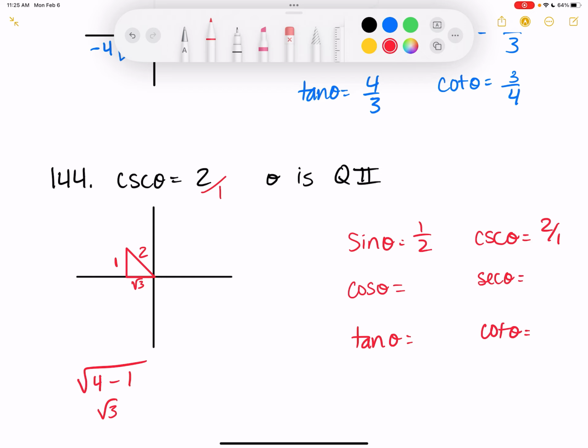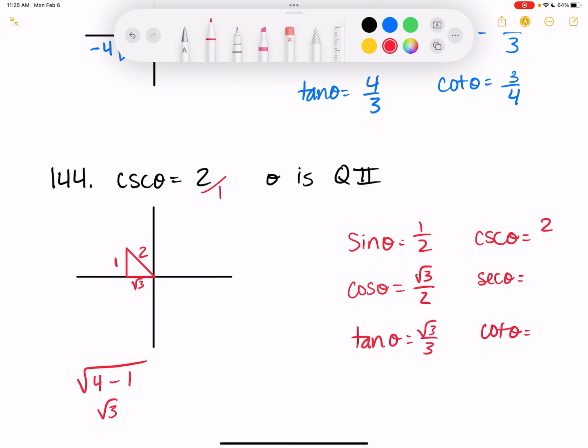Cosine. Square root of 2. Tangent. Square root of 3 over 3.